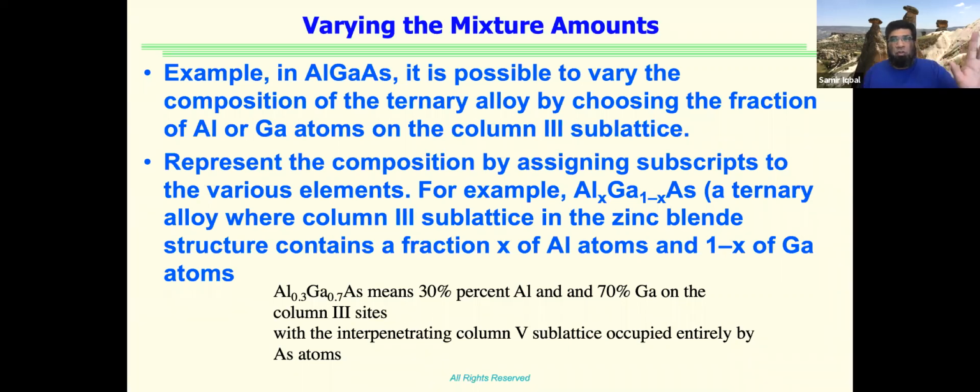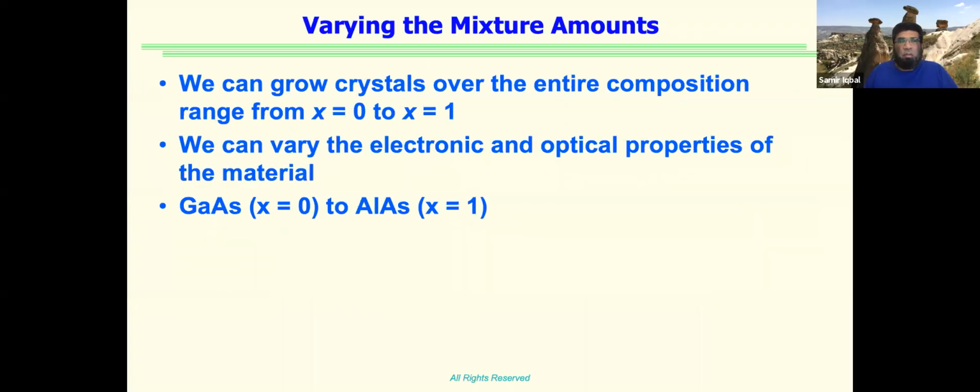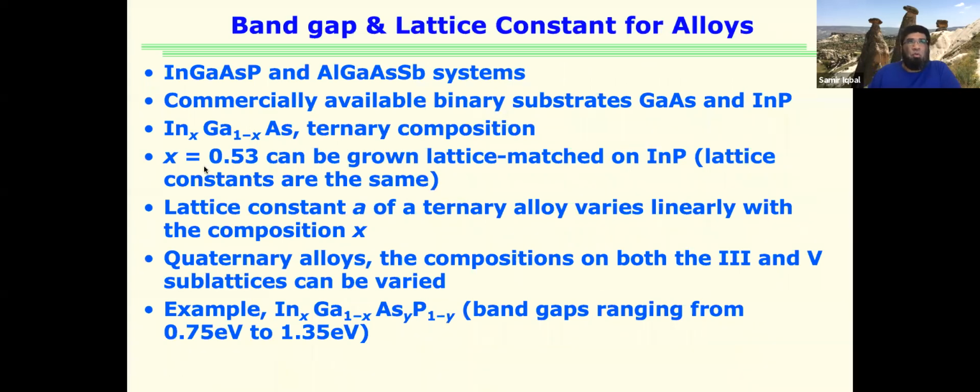Here I just showed you 3 compounds, but they can be 4 compounds also. For example, we can mix 4 elements, 2 from group 3 and 2 from group 5. It can be 2 from group 2 and 2 from group 6 also, right? But let's look at a simple example.